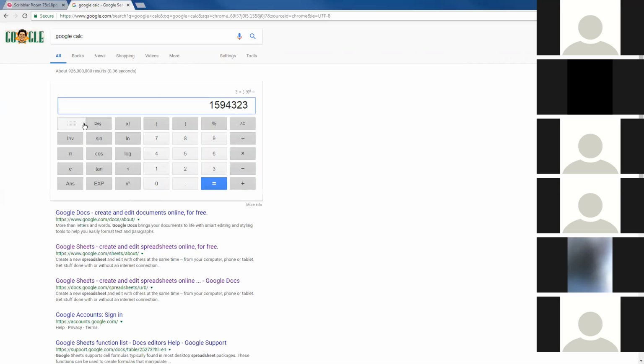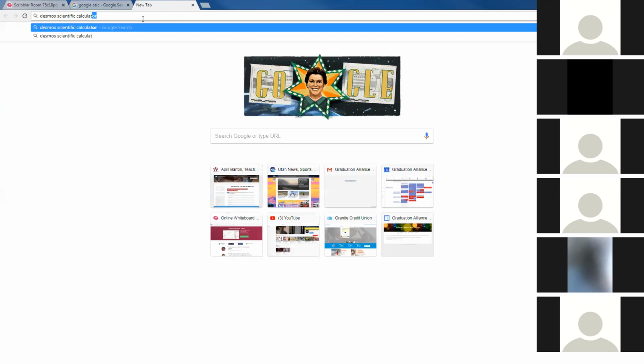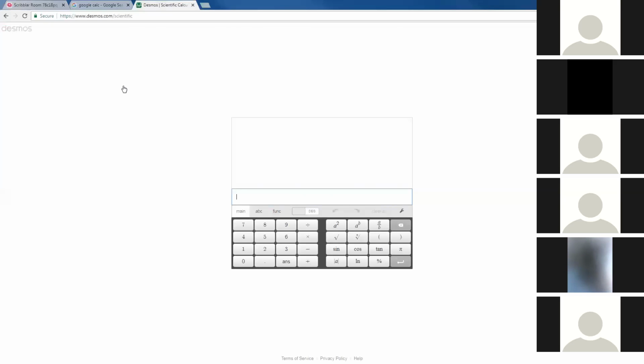We never use that RAD, we always use DEG. So this is one of the times where I think Desmos Scientific Calculator is a little bit better. And again, you just Google for it and click on it and it'll bring it up. So that one automatically starts you in degrees. So we'll come back to this when we need it for a problem.